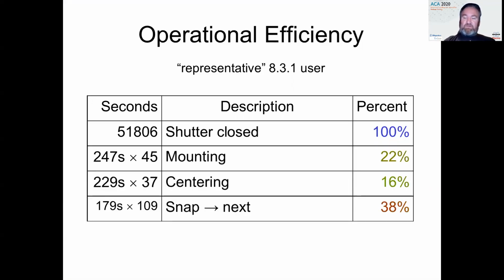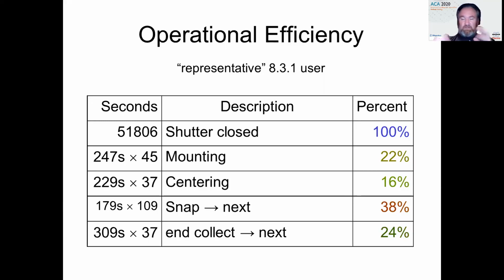Mounting and centering, which we focus on so much as bottlenecks in beamlines, are actually, even back then, when we were mounting by hand, a relatively small part compared to the time between the end of a snapshot and when you do something else, and the end of a data collection when you do something else. These are the times when the user is thinking about something, or preparing, or maybe just not prepared at all. And so by reminding people when the data collection is about to finish, and making strategy steps faster, we can reduce these overheads.